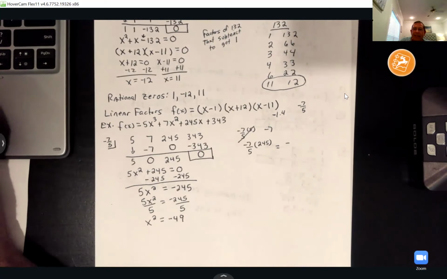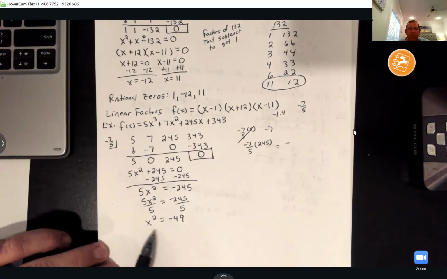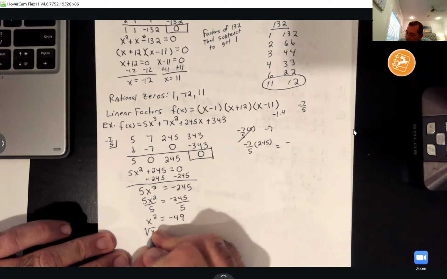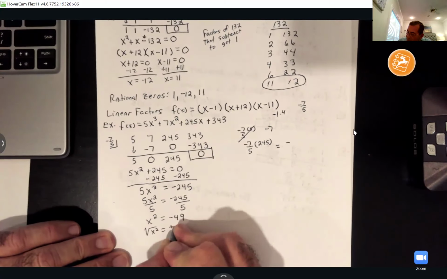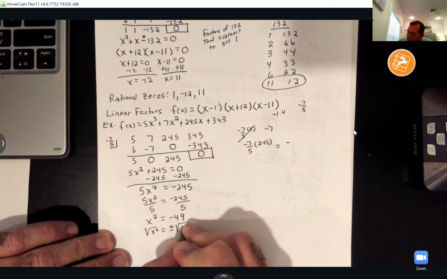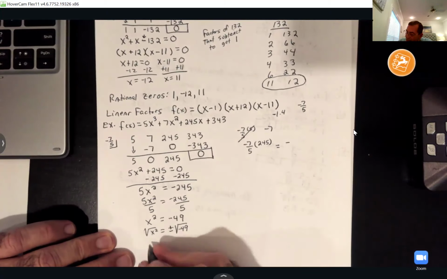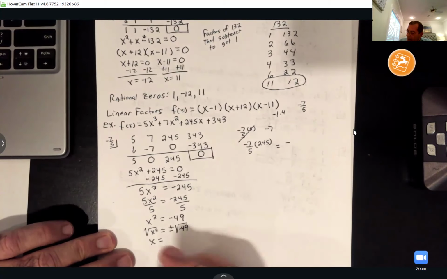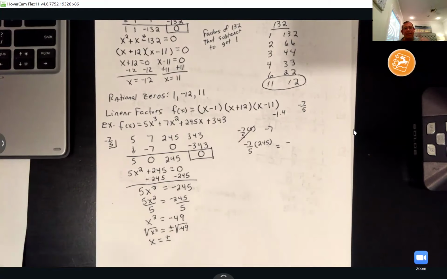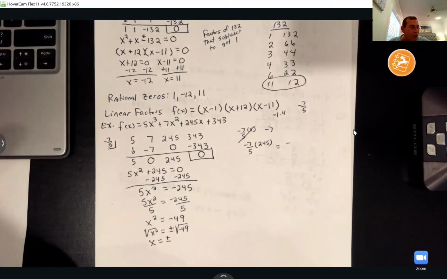All right, y'all, so I'm about to test y'all on something. I'm going to take square roots of both sides. So this will be a plus or minus square root of -49. So those cancel, giving us our x. This will be a plus or minus. So y'all, the question would be, what's the square root of that -49?